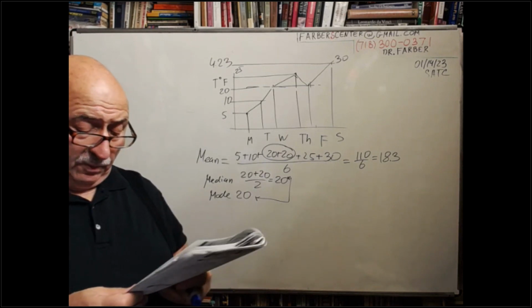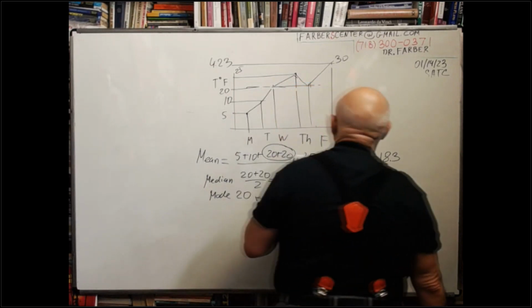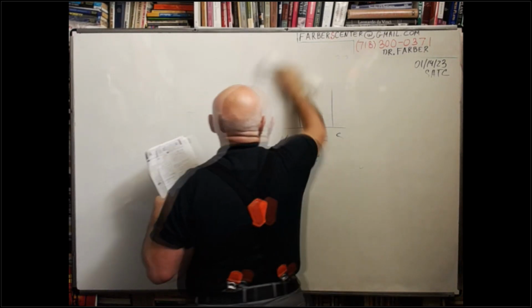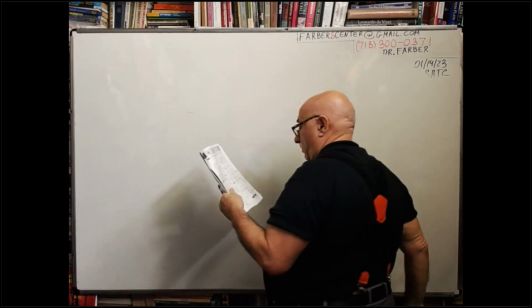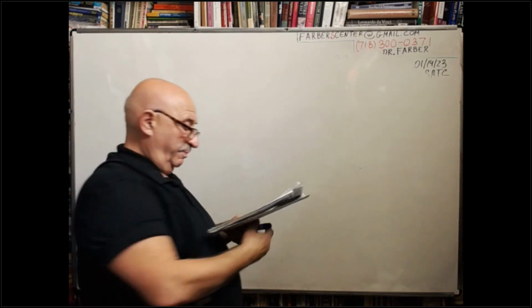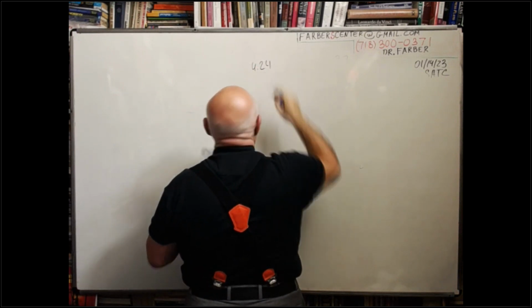Okay. 24. In the figure above, if sin A equals cosine B, which of the following must be true? Okay. You like these short questions? Thank you, Aziza.